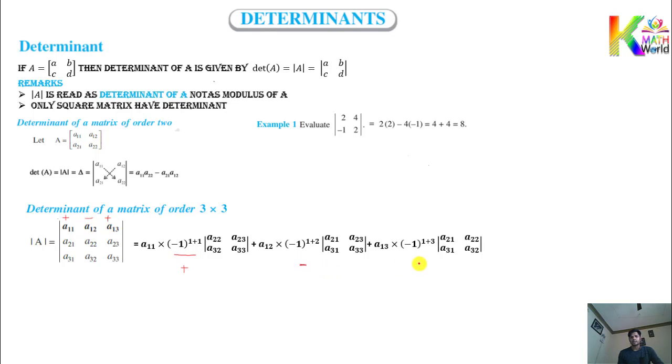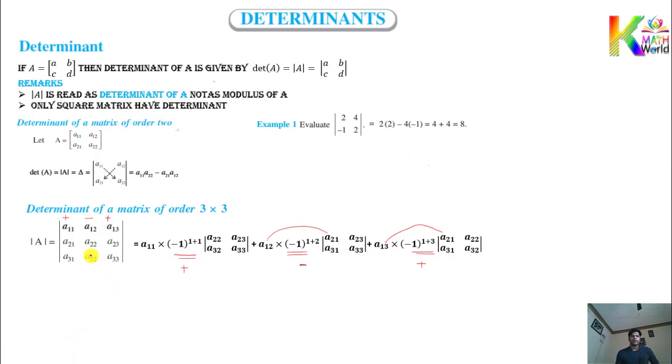So no need to write those. You can directly write A11 into this one, then minus A12 into this one, then plus A13 and then this one. So in this way you can expand a determinant with respect to the first row.